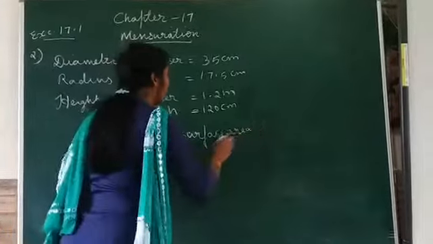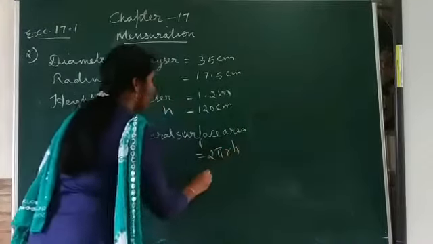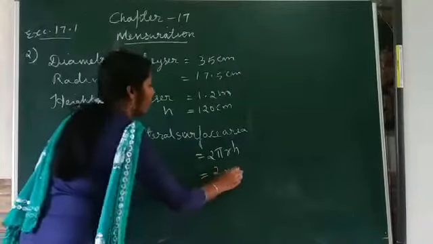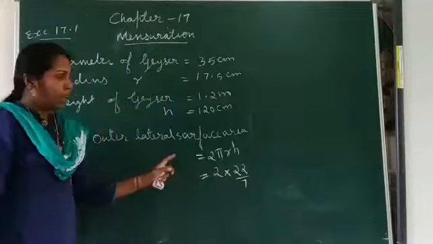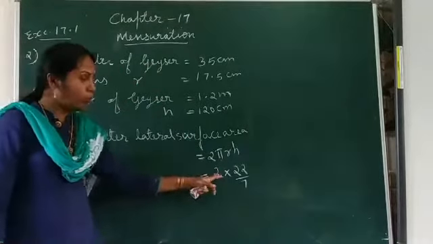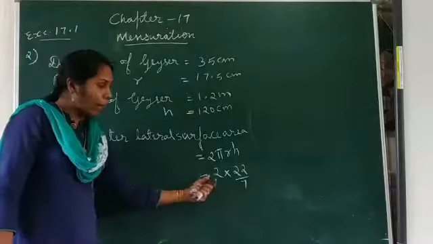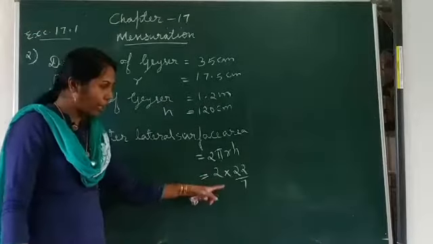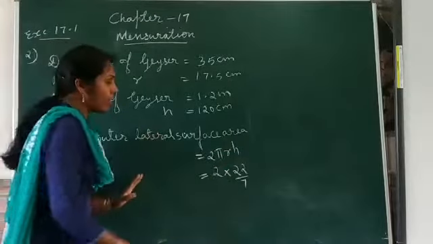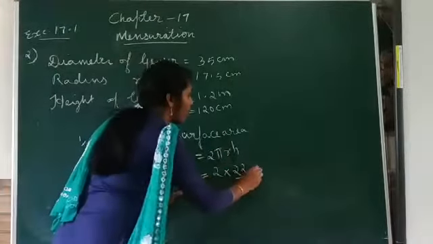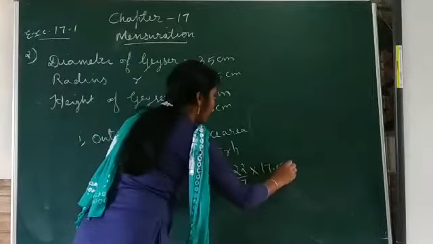That is equal to 2 pi r h, that is equal to 2 into 22 by 7. Here in all these questions it is given: take the value of pi as 22 by 7 unless mentioned otherwise. If it is mentioned that the value of pi is 3.14, you have to take it as 3.14. Otherwise, we can take 22 by 7 itself. So 2 into 22 by 7 into radius, 17.5, into height.